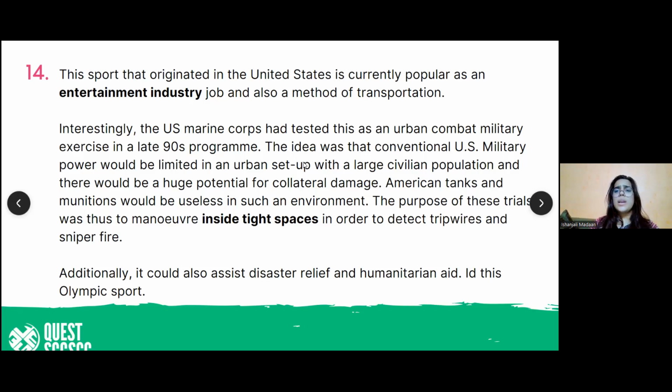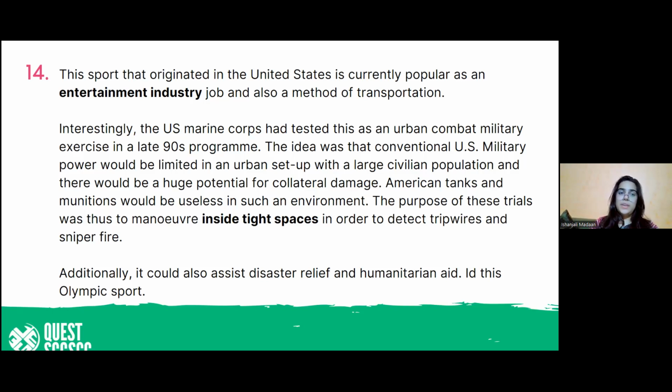The idea was that conventional US military power would be limited in an urban setup with a large civilian population, and there would be a huge potential for collateral damage. American tanks and munitions would be useless in such an environment. The purpose of these trials was thus to maneuver inside tight spaces in order to detect tripwires and sniper fire. Additionally, it could also assist disaster relief and humanitarian aid. Identify this Olympic sport.